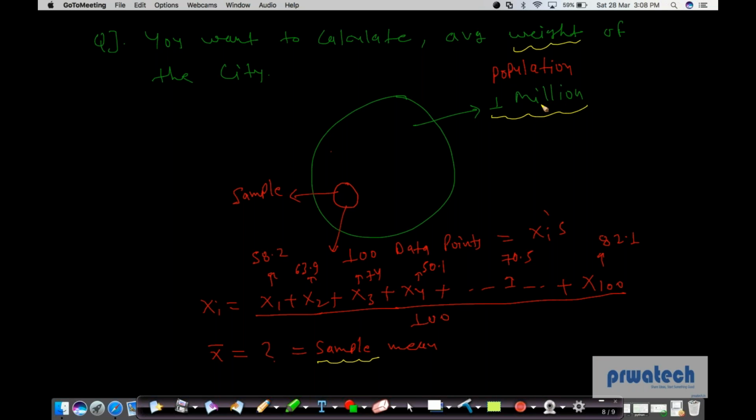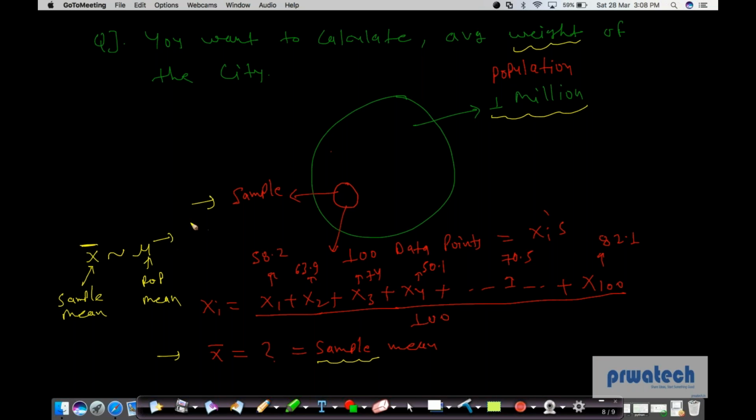So you follow the sample approach: I will take 100 different samples, add all 100 values, divide by 100, and this value is nearly similar to the population value. This is my sample mean, and this is my population mean.